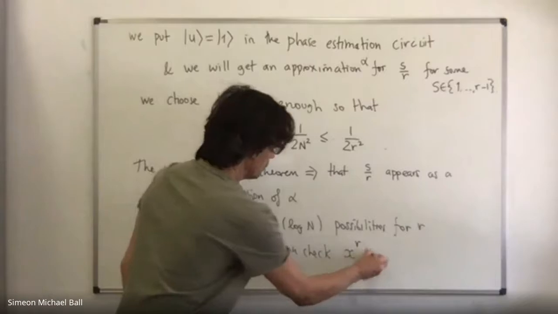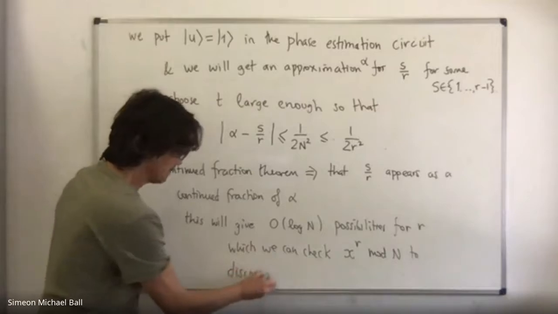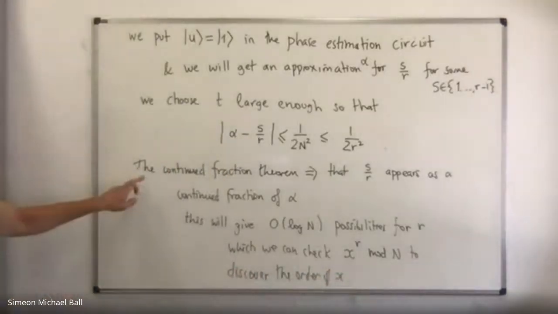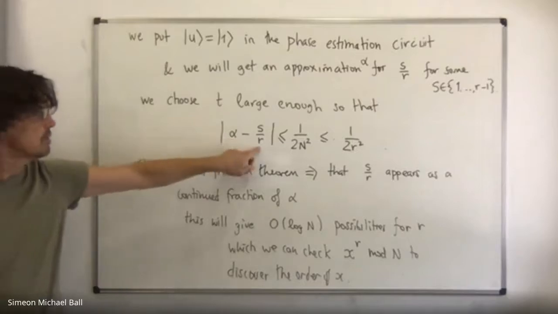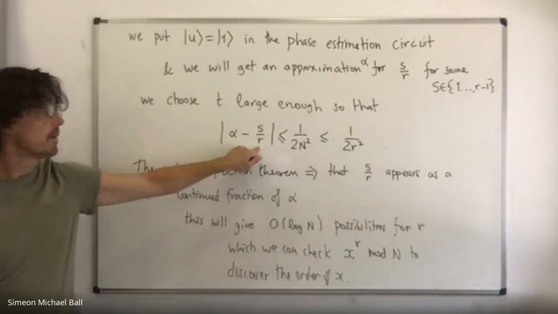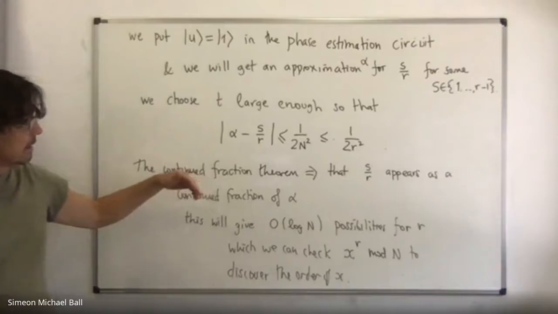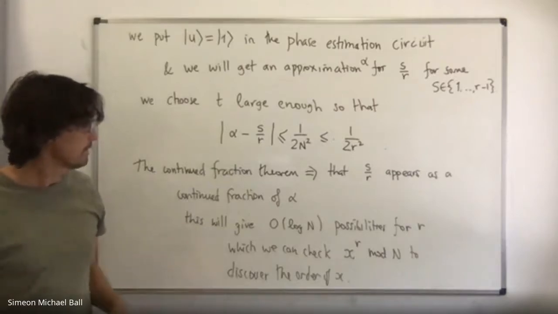We compute x to the r modulo n to discover which is the correct one. So if I give you some alpha, which will be a fraction, you can then deduce there is a limited number, log n, of S divided by r's, and you go through the r's and work out which one is the order of x.